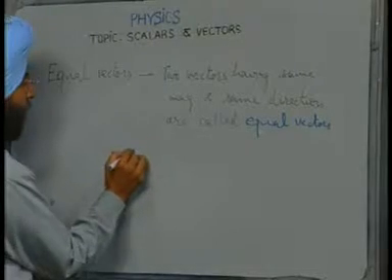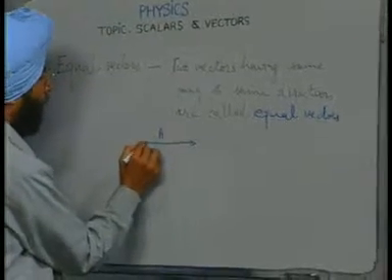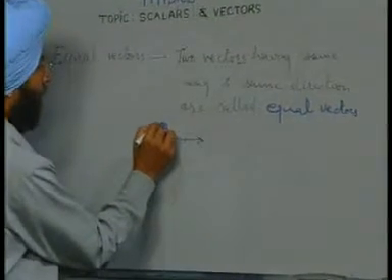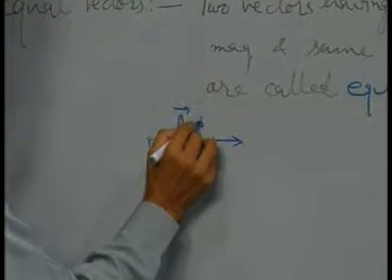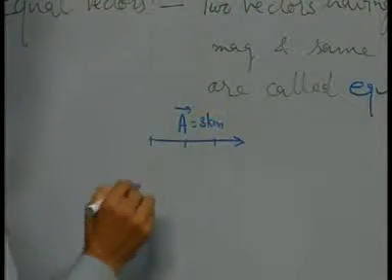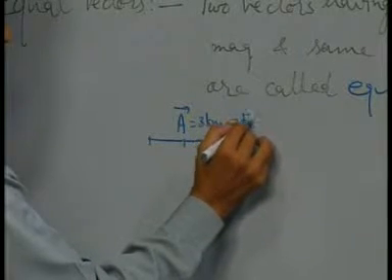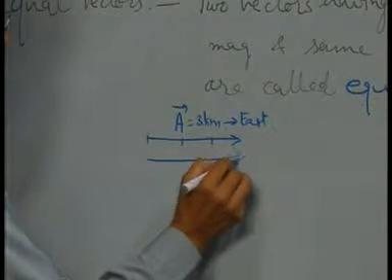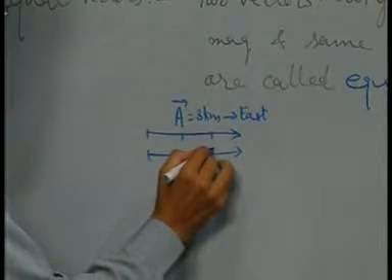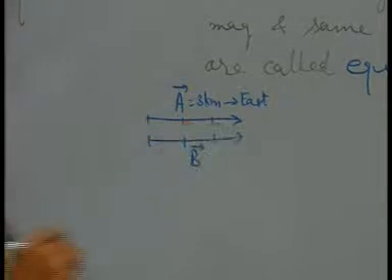So, we have say vector A, magnitude is say 3 kilometers towards east. Vector B also 3 kilometers and same direction.